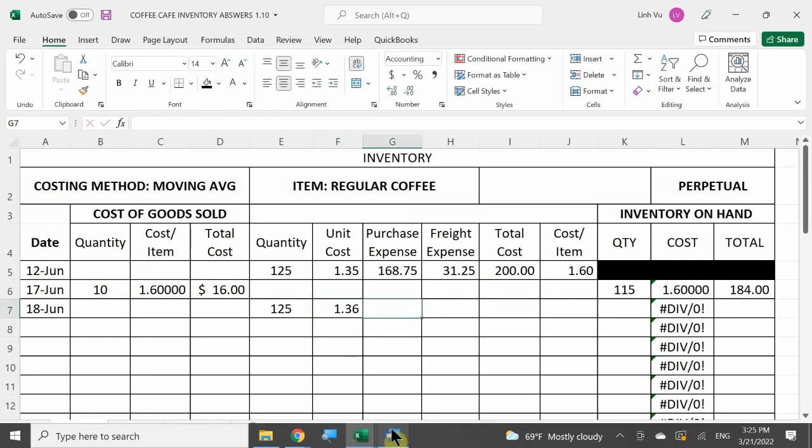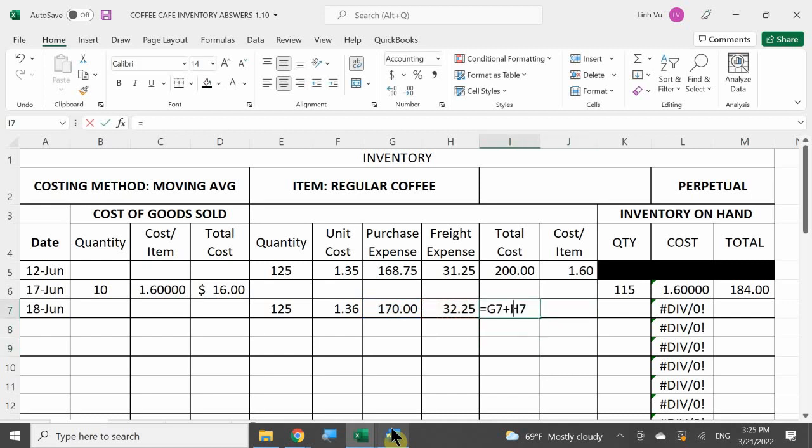So that should give me a purchase price of $170, which we know from our bill. Okay. We had $32.25 of freight. So what's my total cost going to be here? 204.25.